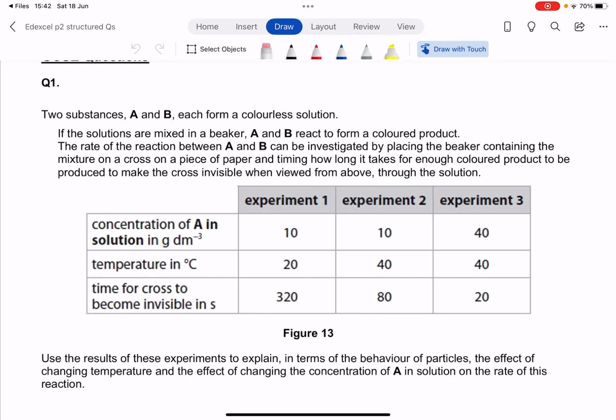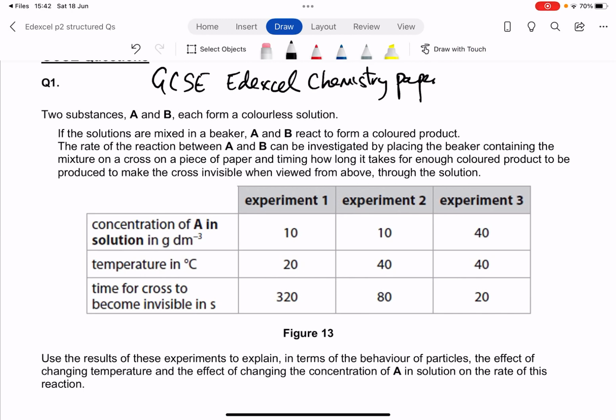The aim of this video is to look at GCSE Edexcel Chemistry Paper 2 structured questions, mainly the 6-mark questions.